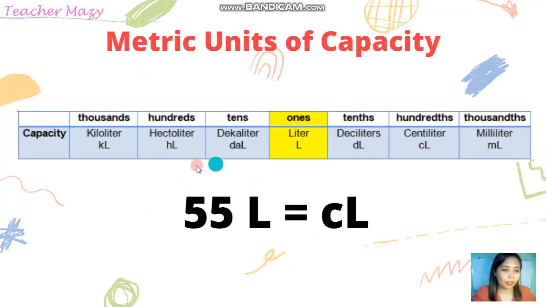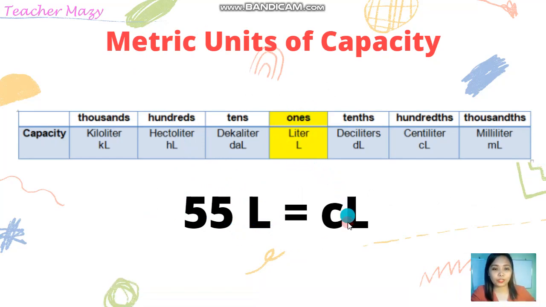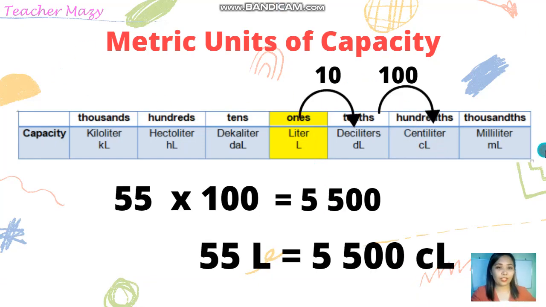How about this given? We have 55 liters. So, dito tayo mag-start and i-convert natin siya to centiliter. So, that is from bigger unit to smaller unit. So, that means our operation is multiplication. Ayan.